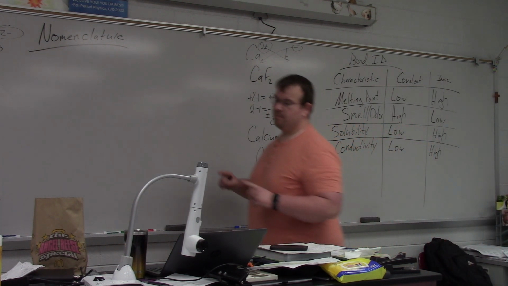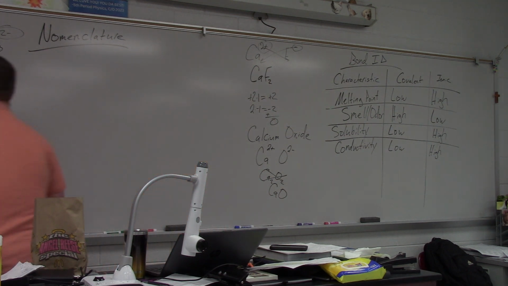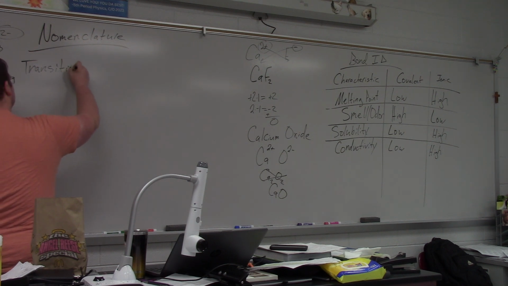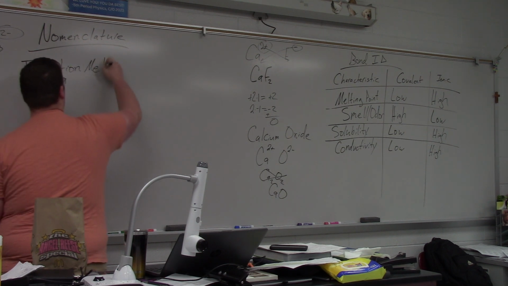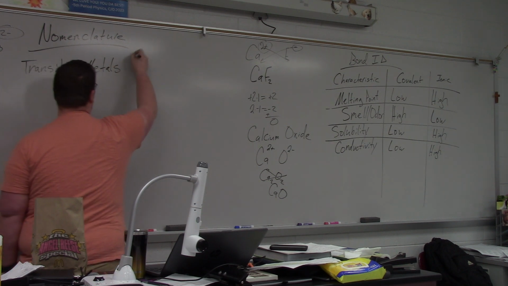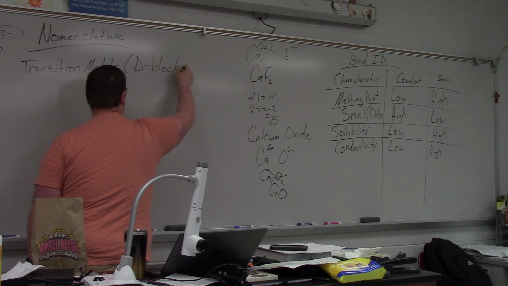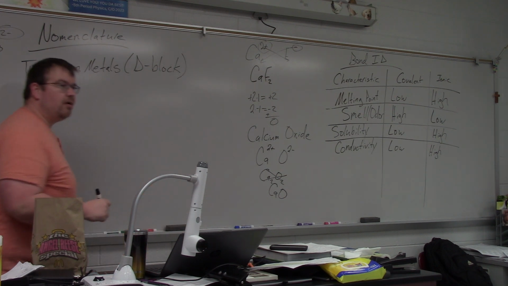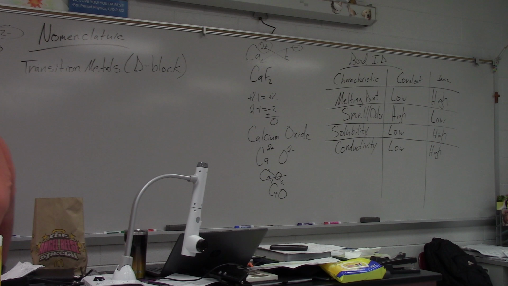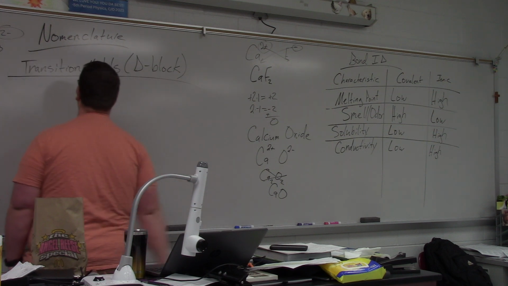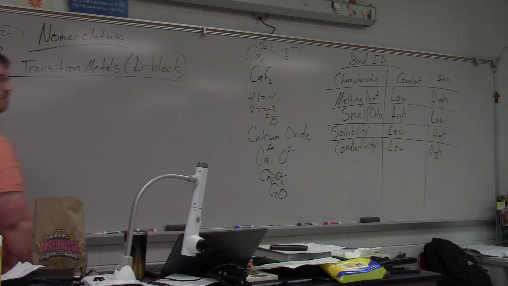Whenever we deal with ionic bonds that have transition metals, and remember the transition metals are the D block, though I will tell you there are some in the P block that are included with this trend, this is nomenclature where transition metals are involved.